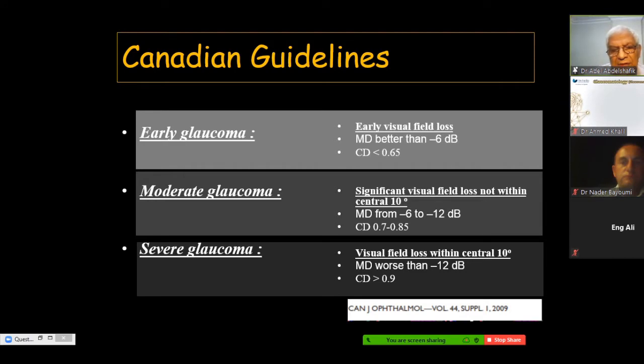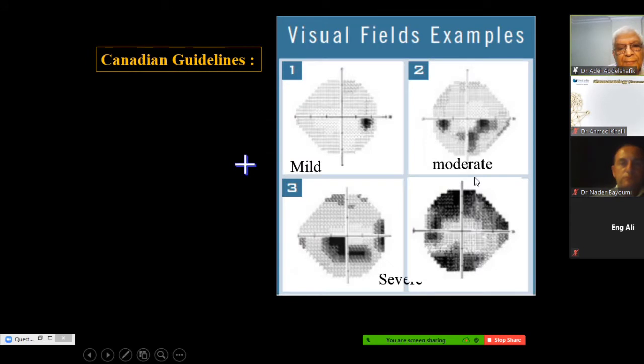They didn't define what is significant, but the point is the central 10 degrees is not involved. Second, mean deviation between 6 and 12, and the cup-disc ratio from 0.7 to 0.85. Severe glaucoma is when there is involvement of the central 10 degrees, or mean deviation more than 12, or cup-disc ratio higher than 0.9.